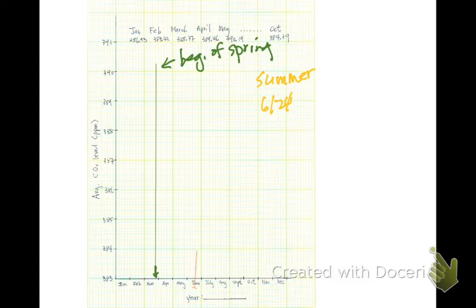Draw a straight line all the way up. And that will mark the beginning of summer. Let me get a better, more precise June 24th, straight up. And that will mark the beginning of summer.